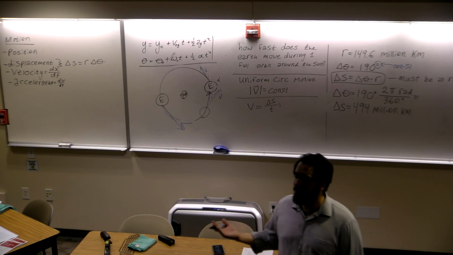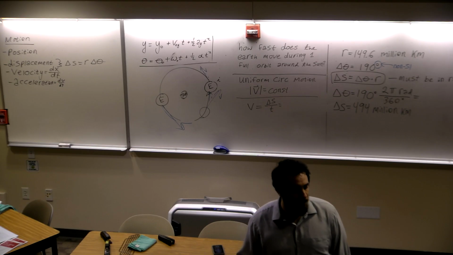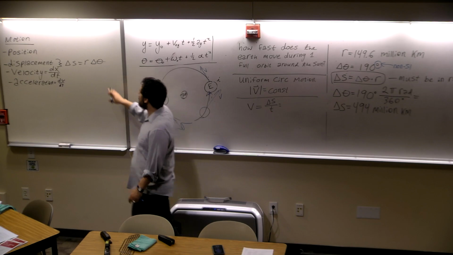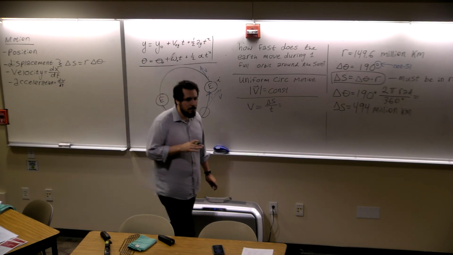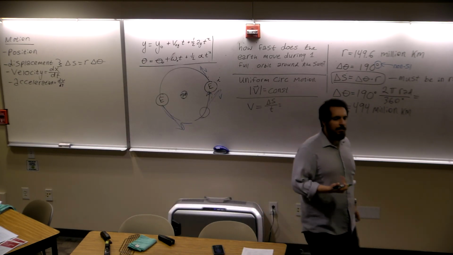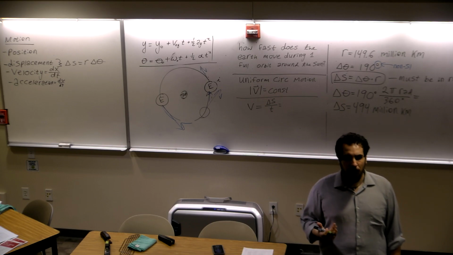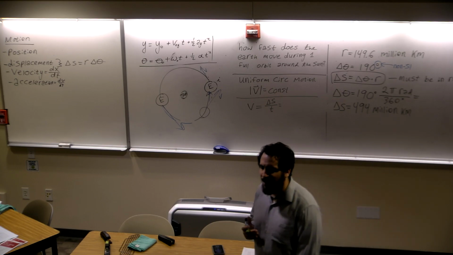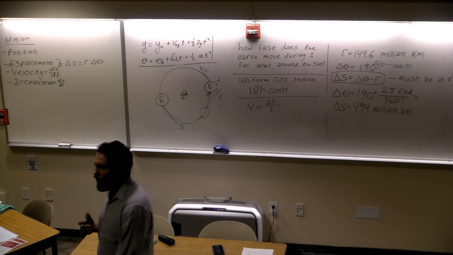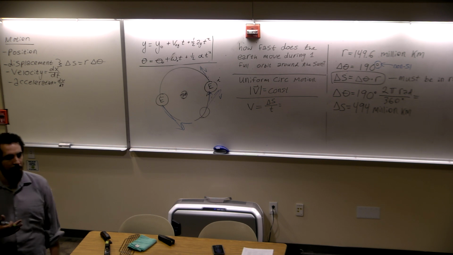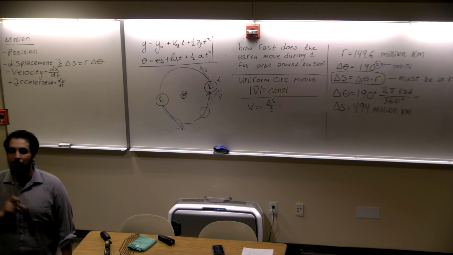Well, what is the displacement? We can figure out what the displacement is of the Earth orbiting the sun. How do we find that? Well, we just take the radial distance multiplied by delta theta. For one full orbit, what is our change in angle? Well, 360 degrees, that's okay. That's an okay way to represent it, but more often we'd rather use a different unit. How might we represent one full rotation using a different unit? 2 pi radians, right?